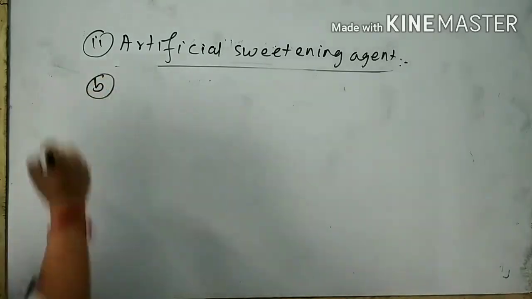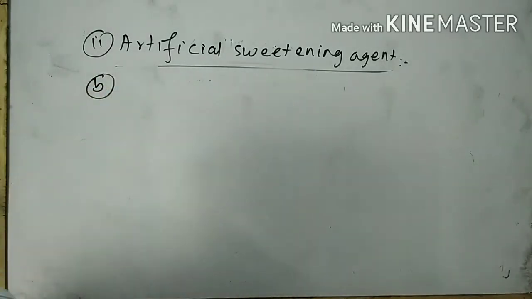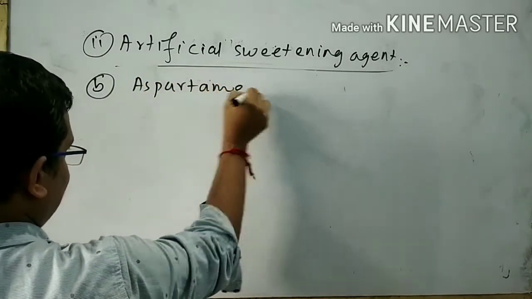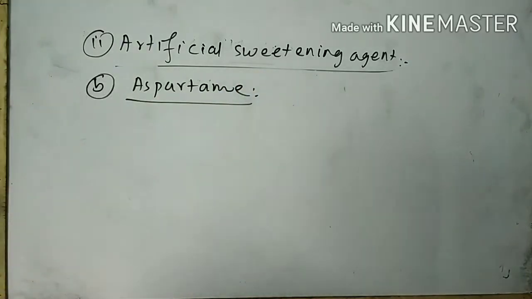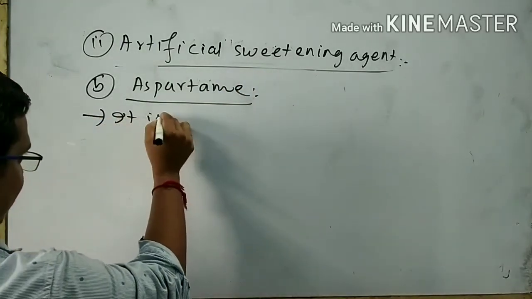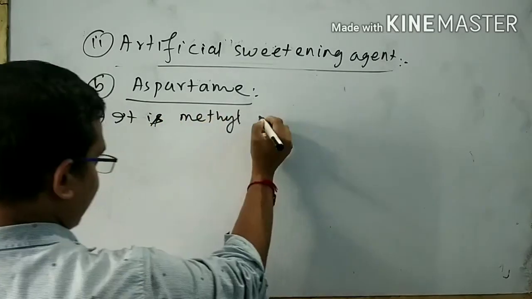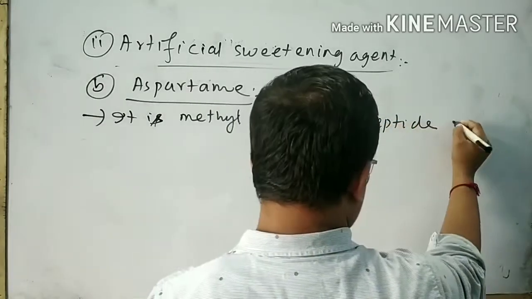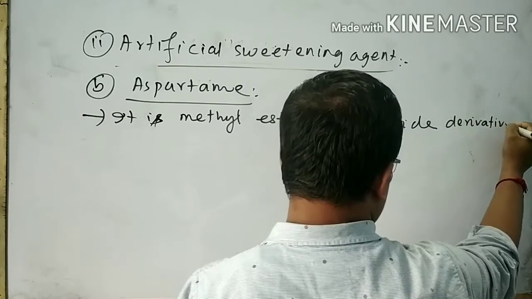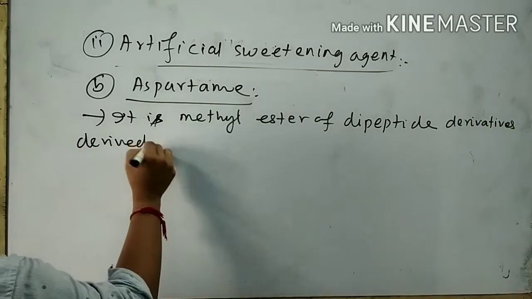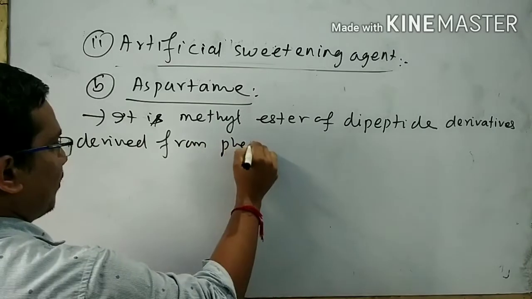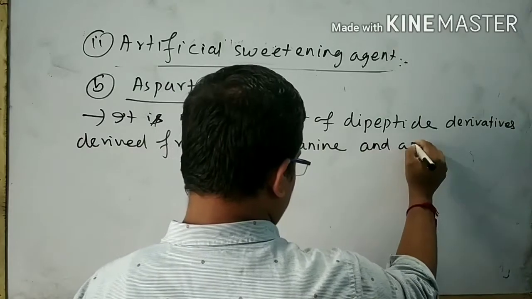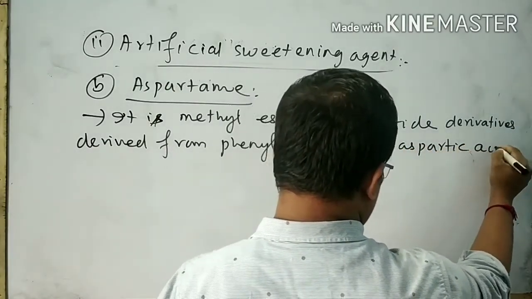Next I will discuss another artificial sweetening agent, that is aspartame. It is the methyl ester of a dipeptide derivative derived from phenylalanine and aspartic acid.